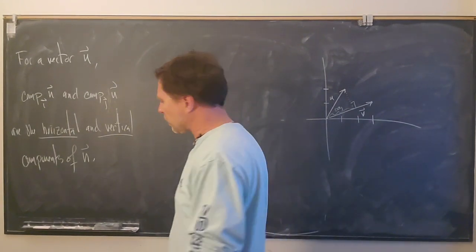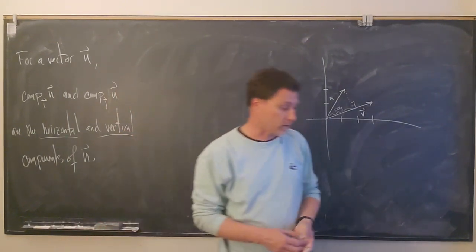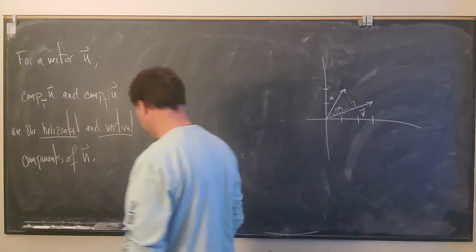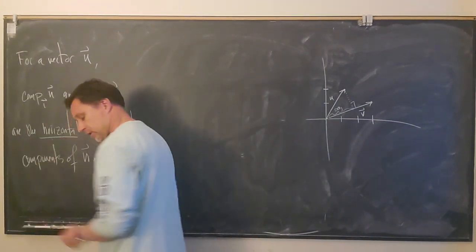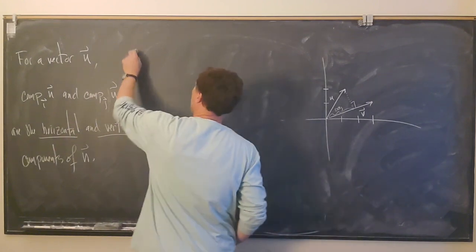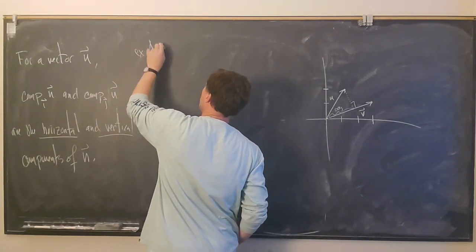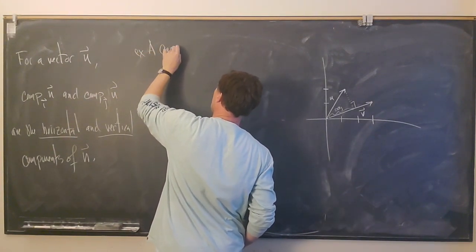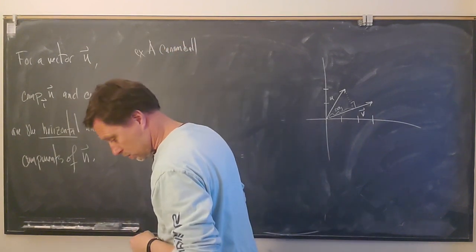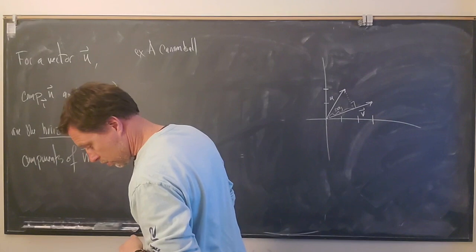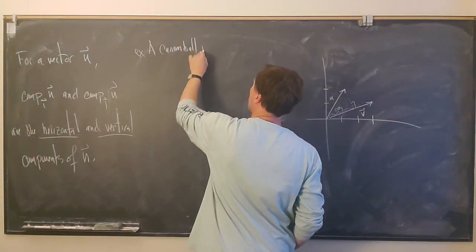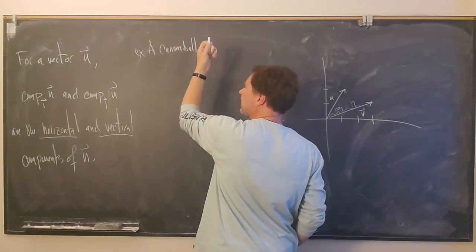And so oftentimes when you're doing physics, you would like to know the horizontal and vertical components of a particular vector. So here we go. A cannonball with muzzle velocity 200 meters per second. So that's like the initial velocity.